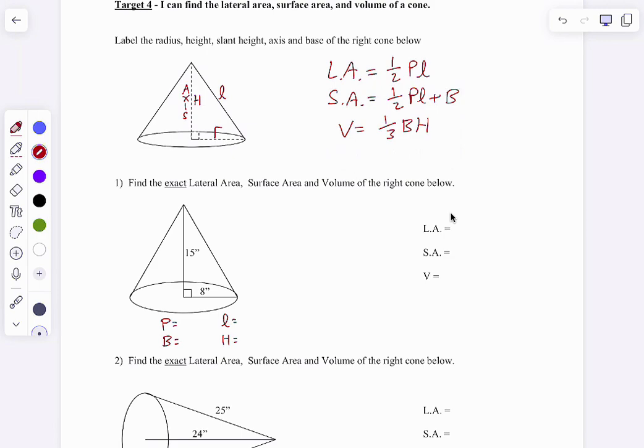And sometimes you're given some of the pieces and not others. So in this problem, that 8 is the radius. And we're certainly going to use that 8, but it doesn't go into the formulas per se, right? There's no R in the formulas, but we're certainly going to use that R. This is the H. So you can write down that's 15.